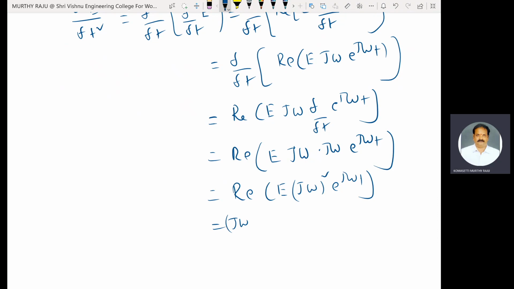J omega whole square is brought outside: real of E into e power j omega t, that is E bar.